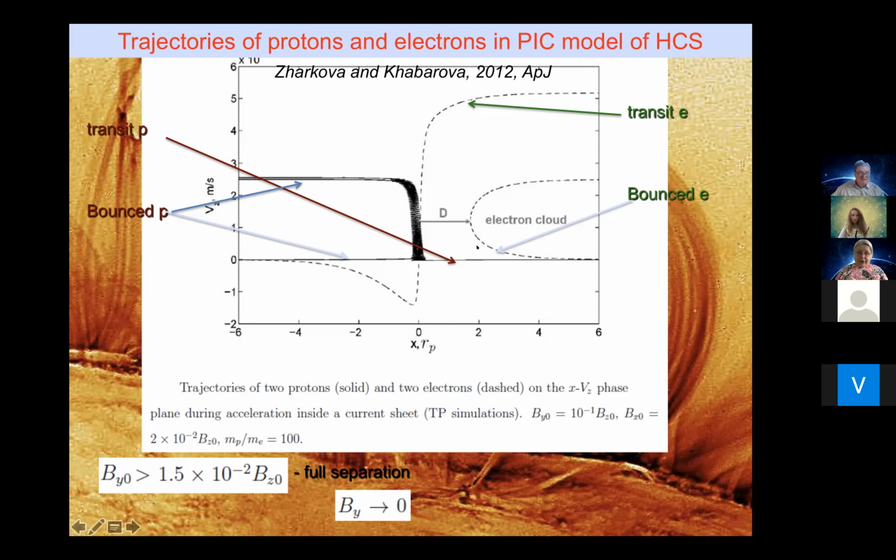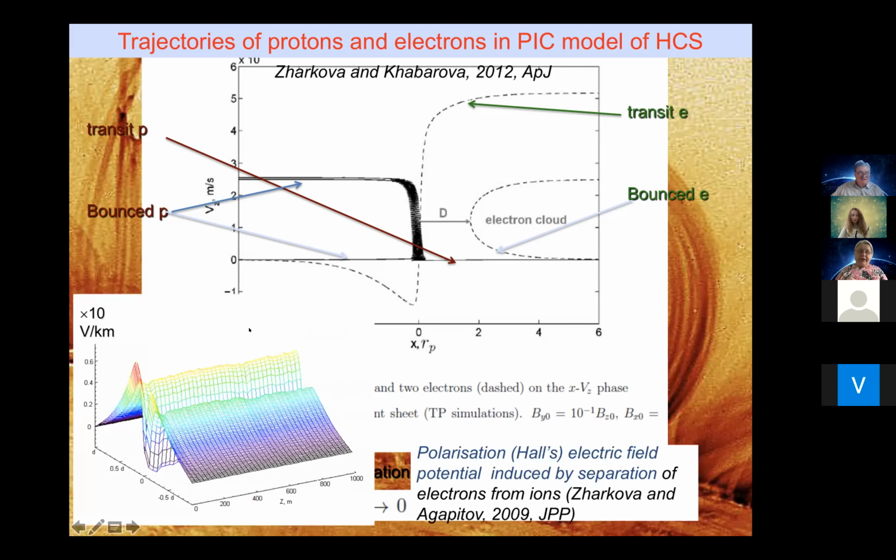So what does the separation lead to? We evaluated with Agapitov in 2009 that the potential between separated protons and electrons exceeds the original reconnection electric field, which accelerates these particles, by 10 to 150 times in this case.